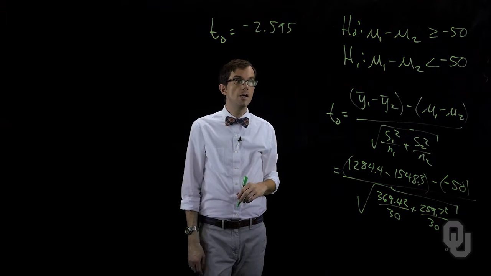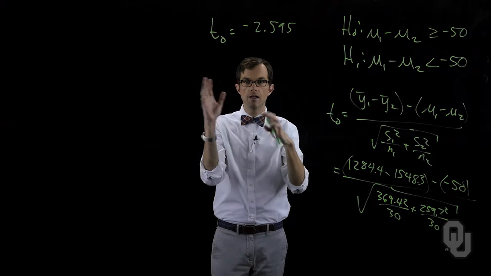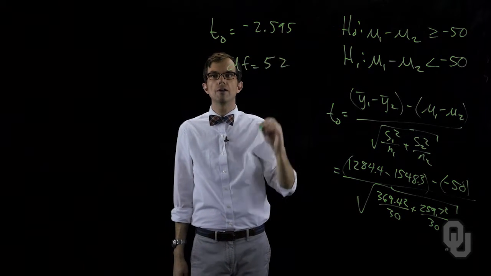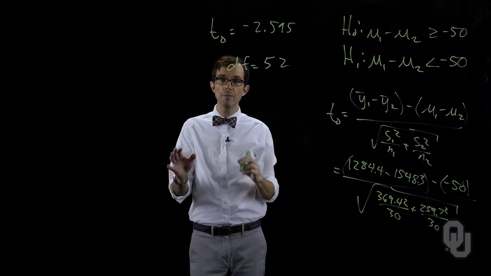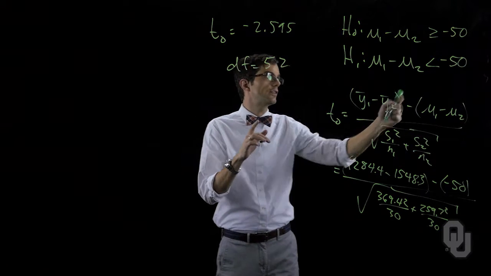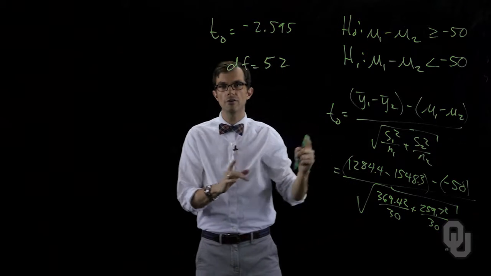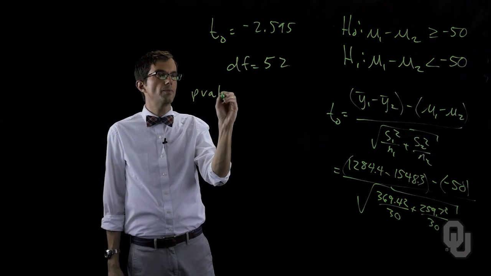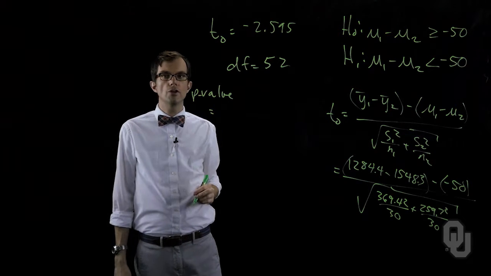And remember from previous, we did that nasty, hairy equation for the degrees of freedom, and we found the degrees of freedom was 52. So the p-value here, note this is a lower tail test, so the p-value is going to be in the entire lower tail. To calculate the p-value, we're going to use Excel.